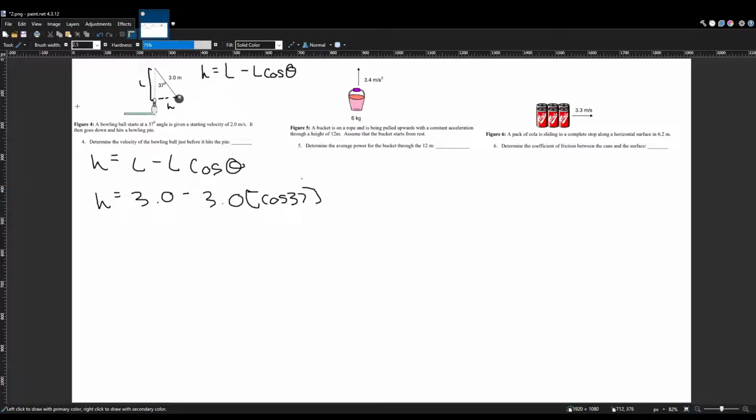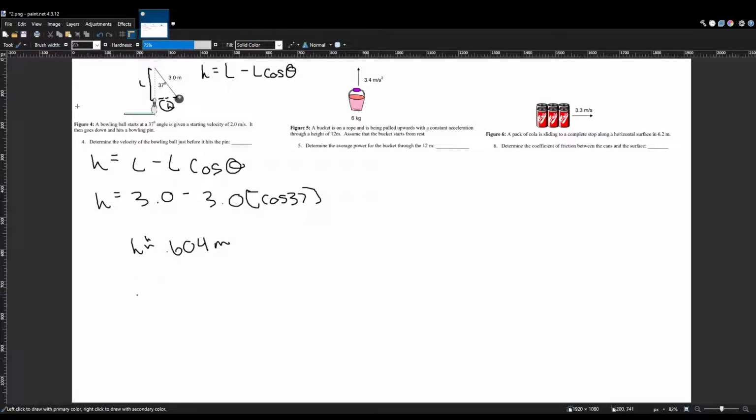And when we put this in our calculator, 3 minus 3 times the cosine of 37, height is going to be approximately 2.604 meters. And of course, we're just using obligatory obscure names here. It doesn't have to be height. It could be literally anything, but H is just convenient, and that means height.